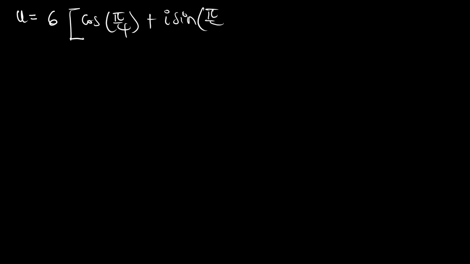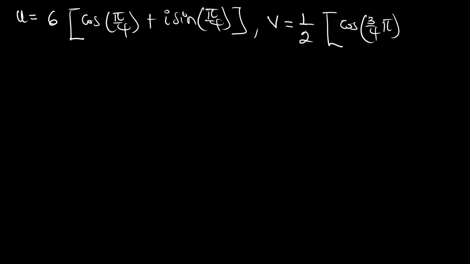Example 2. Given that u equals 6 multiplying (cos pi over 4 plus i sin pi over 4) and v equals half into bracket (cos 3 over 4 pi minus i sin 3 over 4 pi).